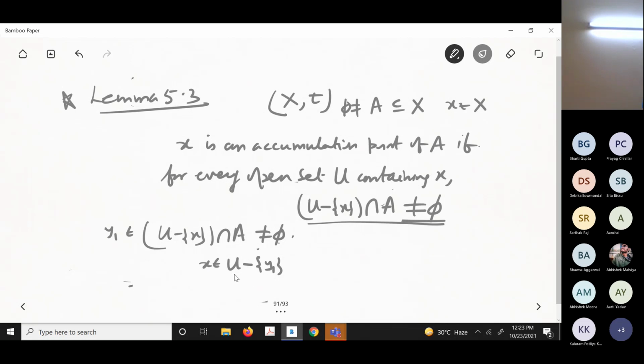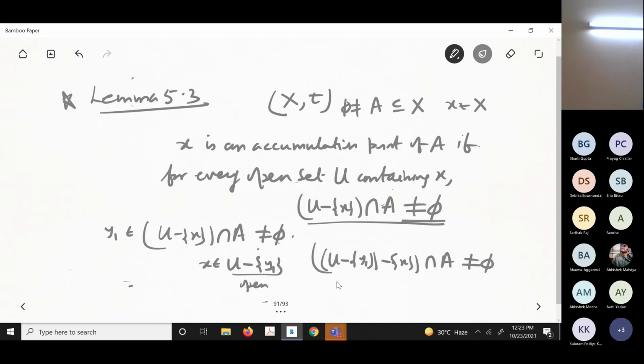Okay, so this is a neighborhood of x because this is open. So that U minus {y1} is a neighborhood of x. Okay, minus {x}, other than x, intersection A is not equal to empty.